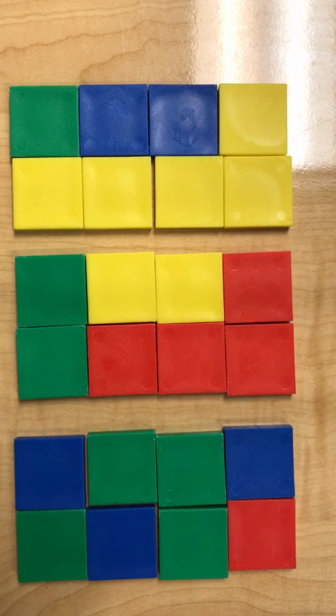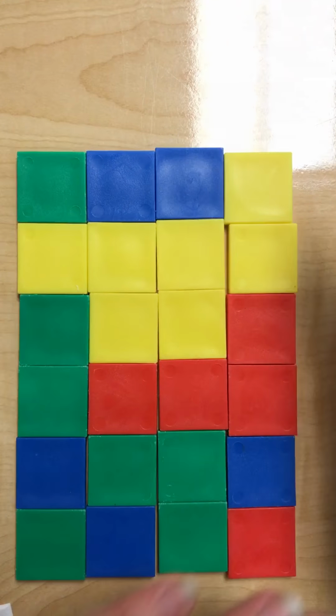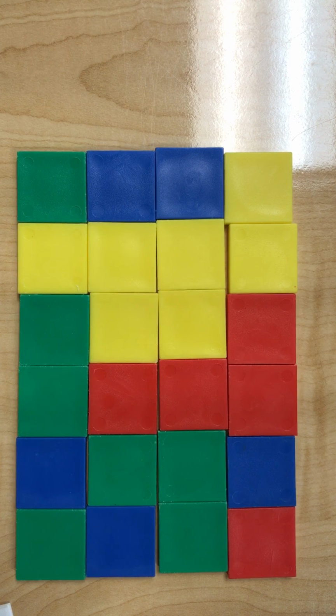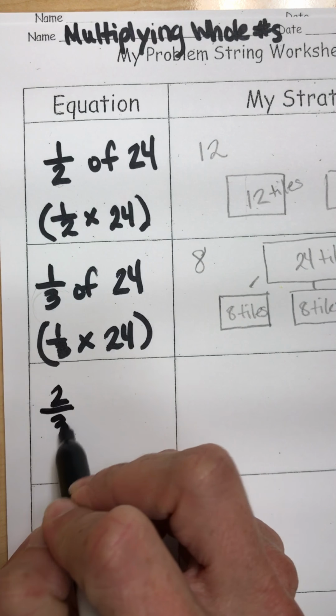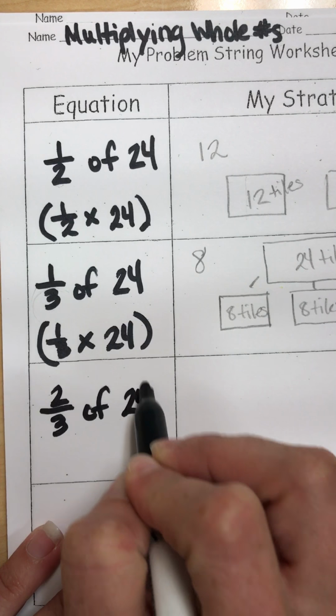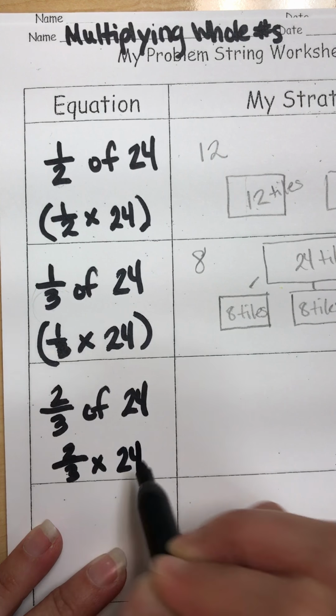Okay, so in my next one, again, I'm going to start with my 24. My problem is 2/3 of 24, which is the same thing as saying 2/3 times 24.